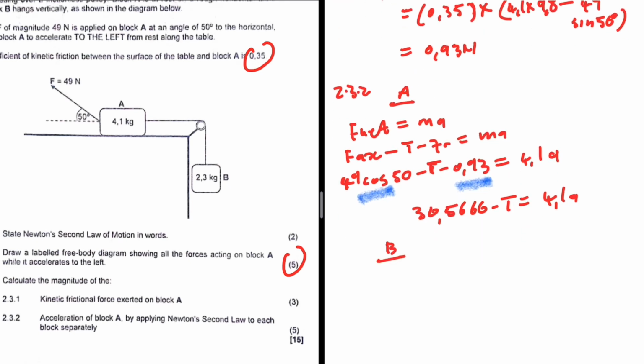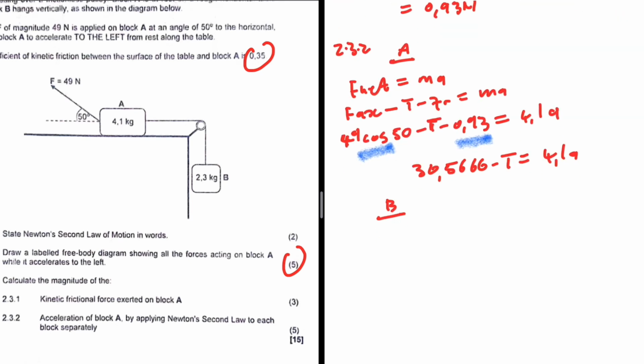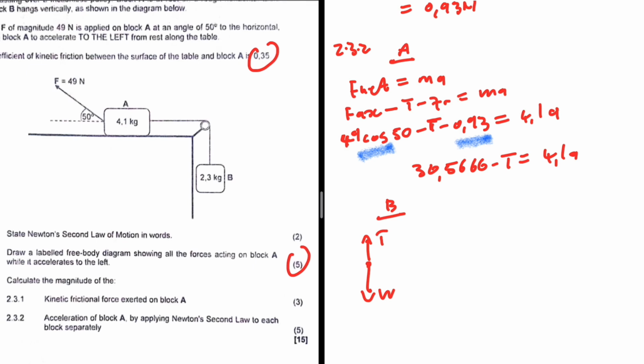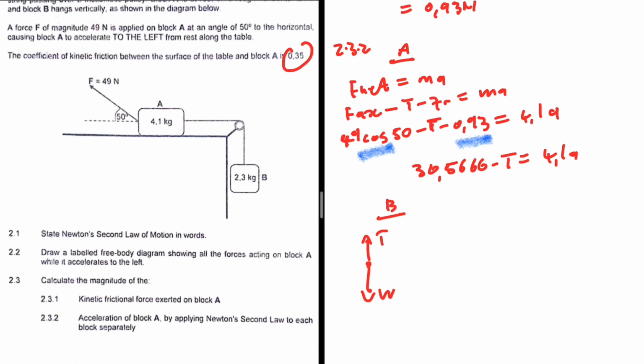Let's take a look at B. So what's happening at B? We have the weight, obviously, and we have the tension force. Am I missing something? Obviously we don't have the normal, it is hanging. We don't have any frictional force, it's not in contact with the floor. So I think there we are.